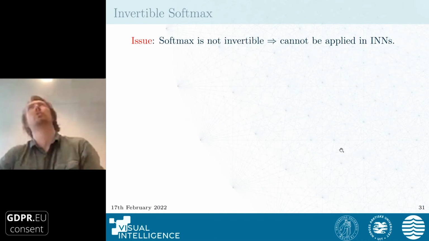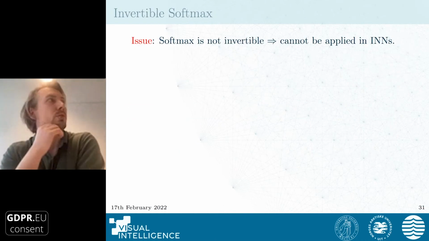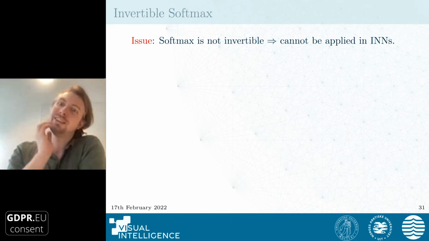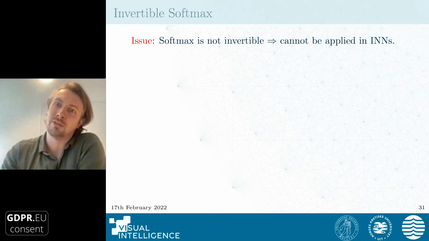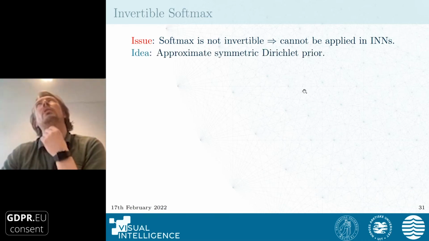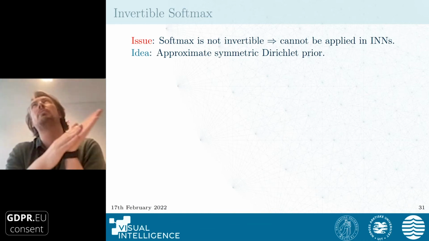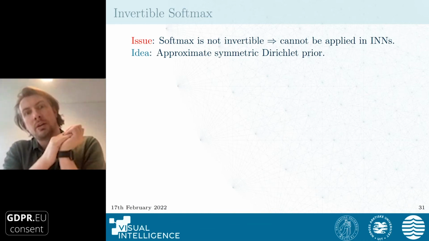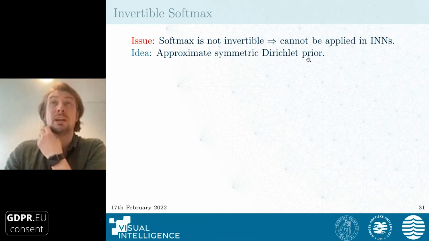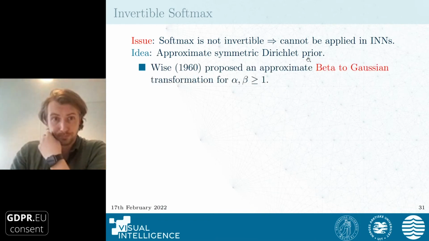In addition to that, we also wanted to use softmax, which is obviously not invertible and thus cannot be used in invertible neural networks. So our idea was that we can possibly approach finding some sort of transformation to construct a symmetric Dirichlet prior.